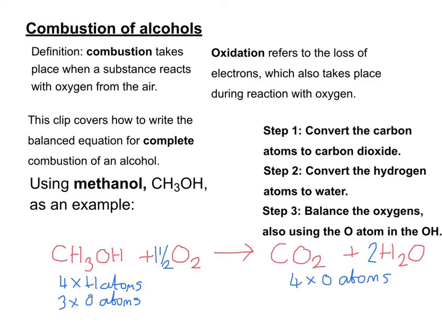Now this is actually fine to do in organic chemistry, because quite often you're dealing with 1 mole of alcohol. Let's say if you're burning something and you want to work out the enthalpy of combustion, for example, you need to deal with 1 mole. So fractions can be used to allow you to work with 1 mole.